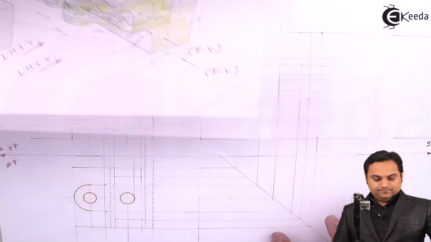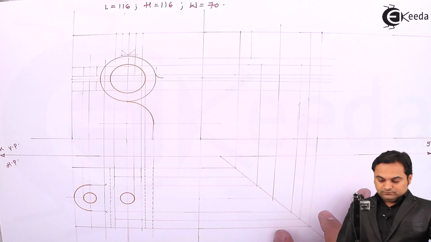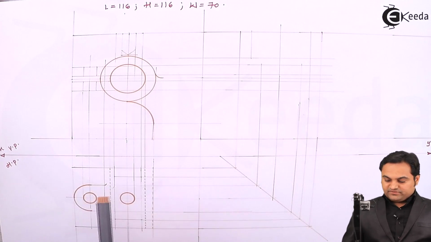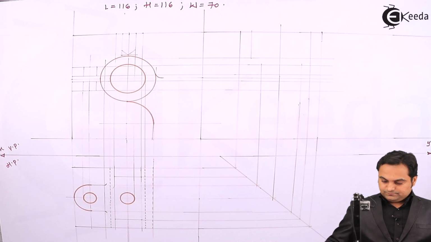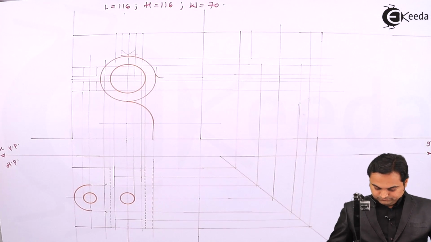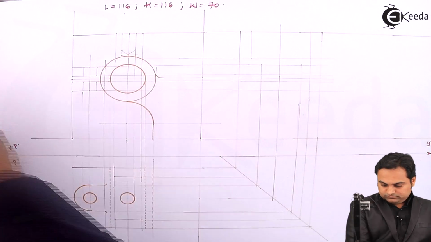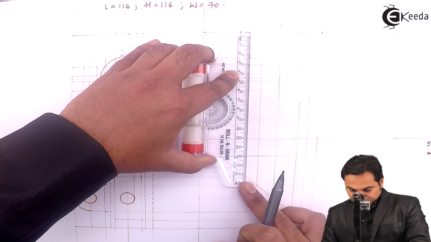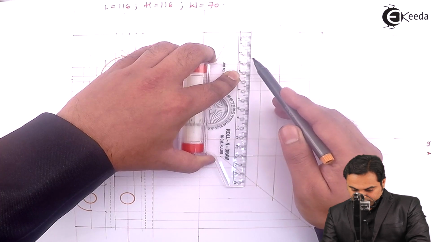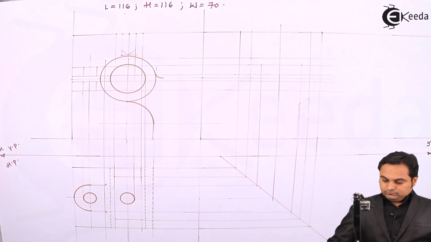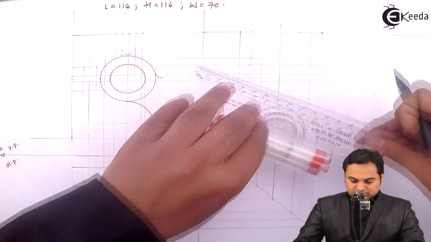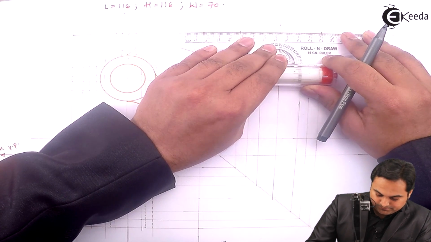So here I'll start making it dark step by step. Starting with this rectangle at the top.